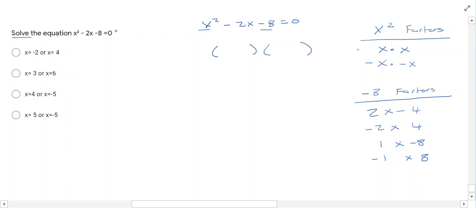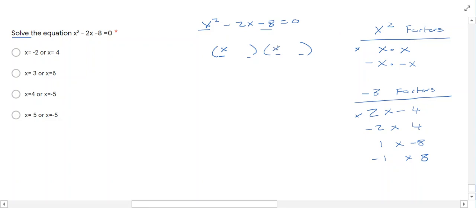So we'll try this set of factors and this set of factors. In your bracket you have a left side and a right side. On the left side you put the terms that, when multiplied by each other, will give you x squared. In this case we put x here and x here.